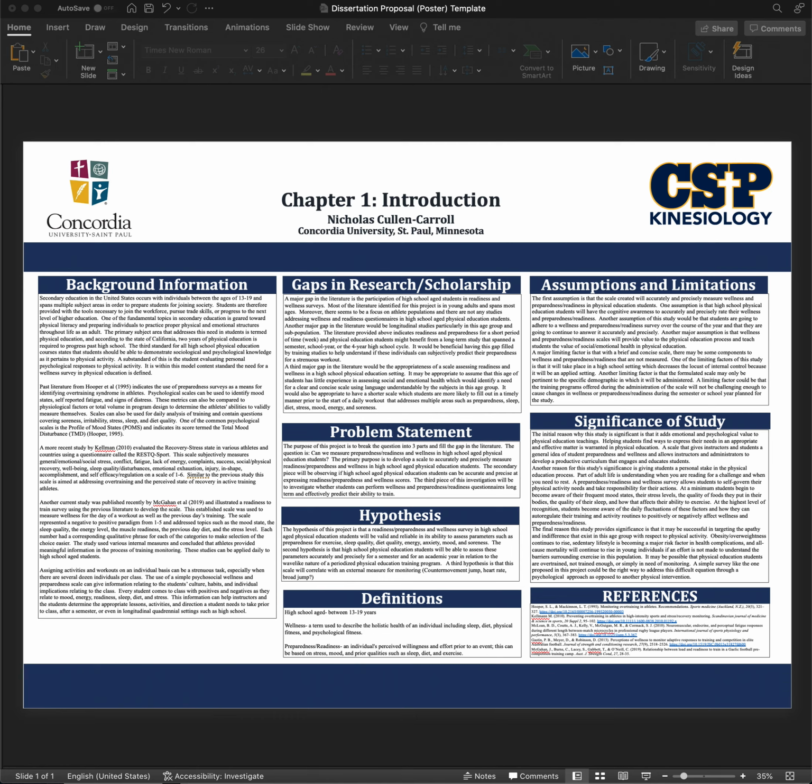I think another limiting factor is that it's going to take place in an action setting or a live setting, meaning that we're going to lose a lot of internal control on the experiment at the expense of making it an applied or an action-based study. And then I think another limiting factor is that this scale that we create might only be pertinent to the population that we administer it to, with the school of choice.